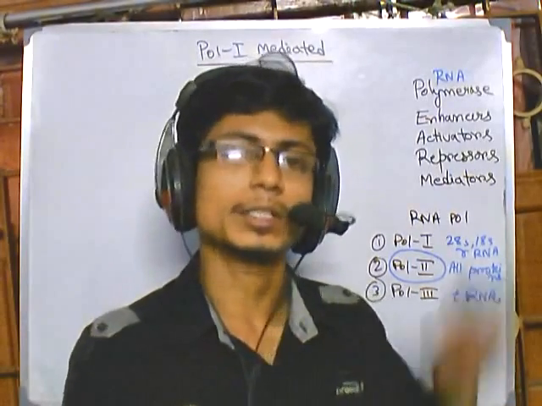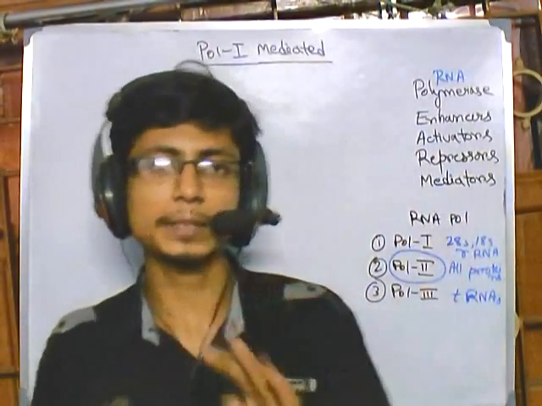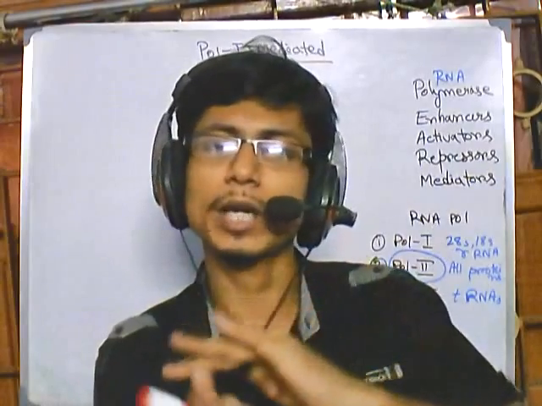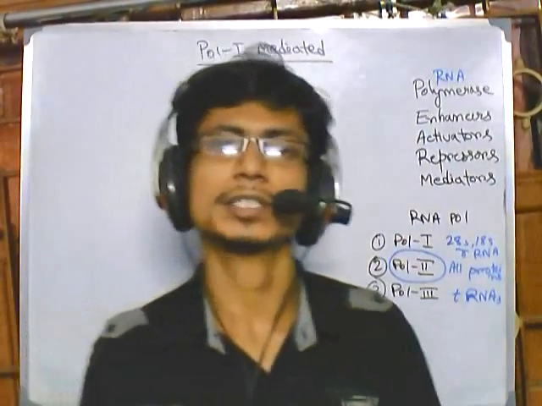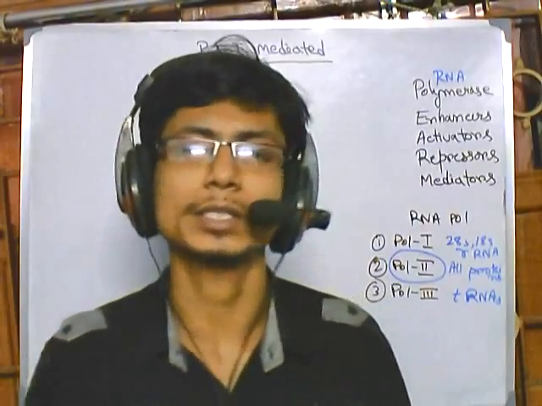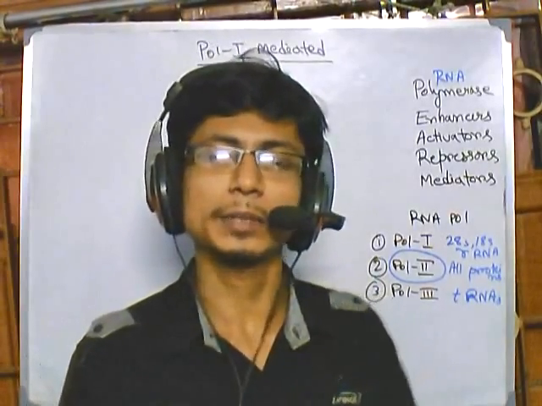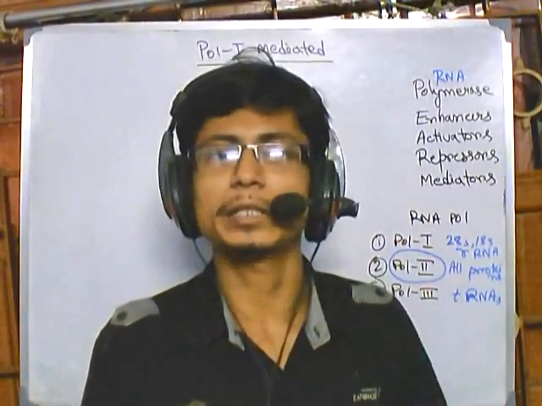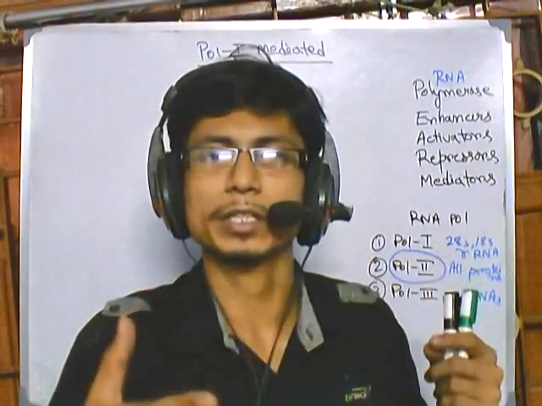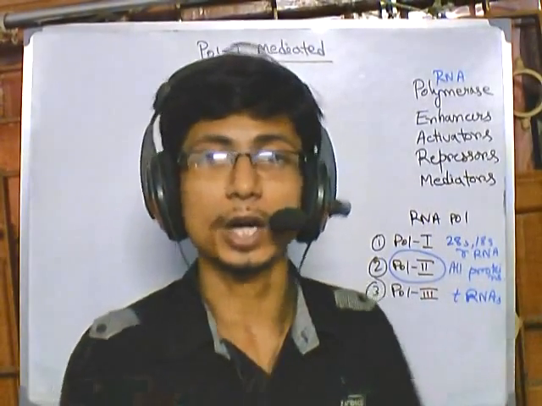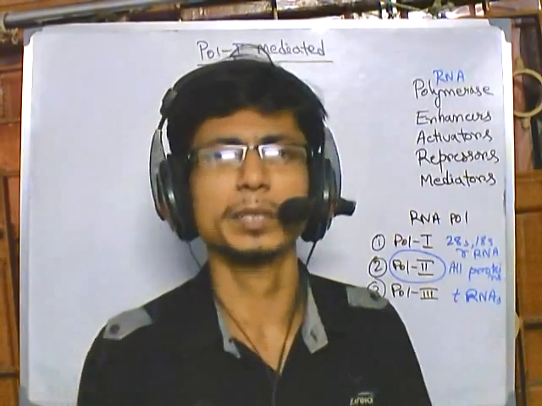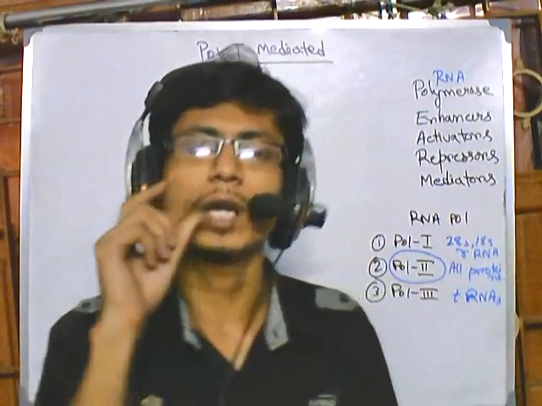Before going into this part, you must understand the basic process of DNA or RNA polymerization, and you must also understand the transcription process in the prokaryotic system, because during this video I will often tell you that this resembles prokaryotic transcription initiation, this resembles prokaryotic transcription elongation, this resembles termination.